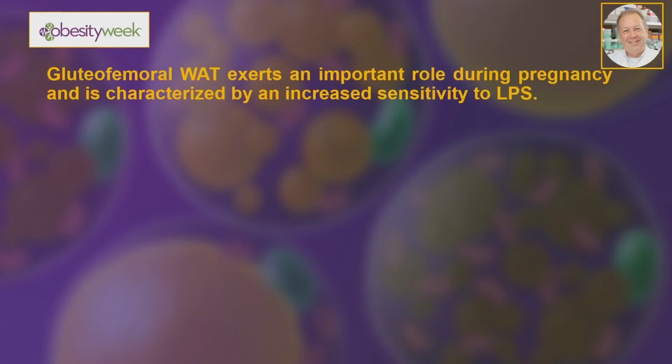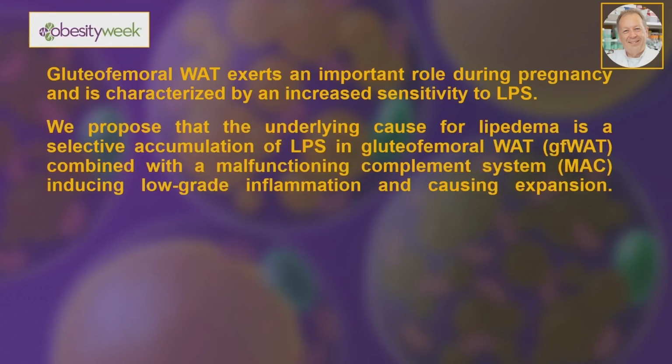So the additional component that I want to add here is lipopolysaccharide. So this is bacterial debris, LPS, and as you will see in a second, the perigluteal fat tissue has a lot of receptors for lipopolysaccharide. And one of the ideas that we would like to put out there, again, it's consistent with a lot of the clinical phenomenology that you see out there, is that during certain changes, whether that's a pregnancy, menopause, or other hormonal changes, the leakiness of the gut is profoundly affected.